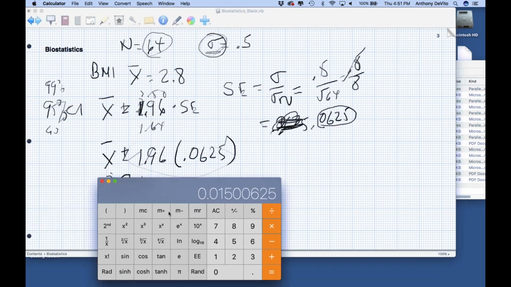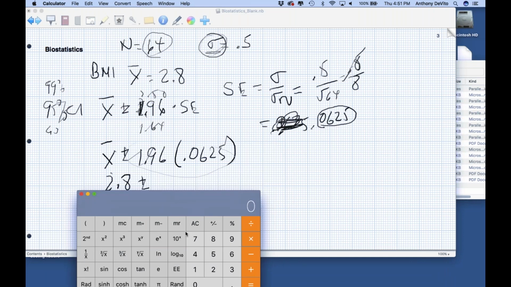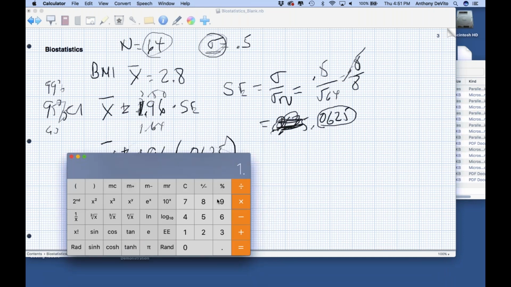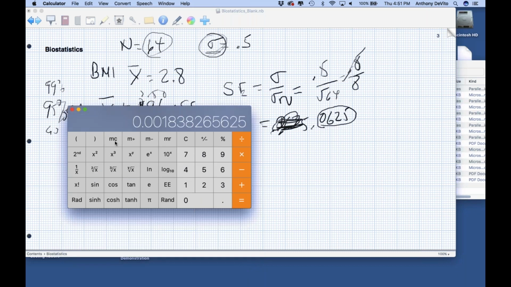I did something wrong there. Hang on a second, I've got to clear everything out so it comes out right. 1.96 times 0.0625. Bingo, there we go. And let's put it into memory.